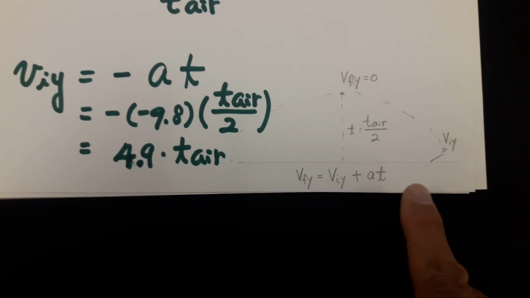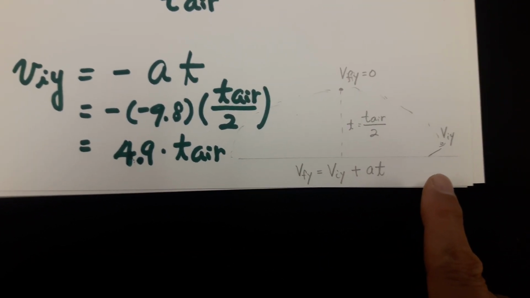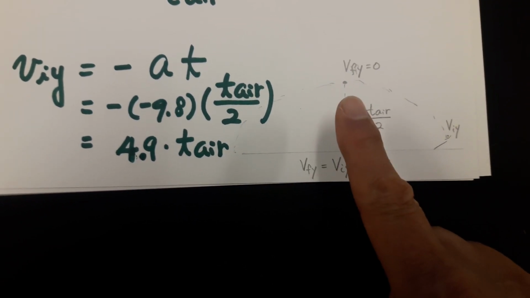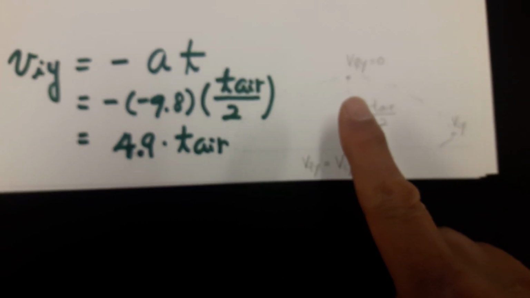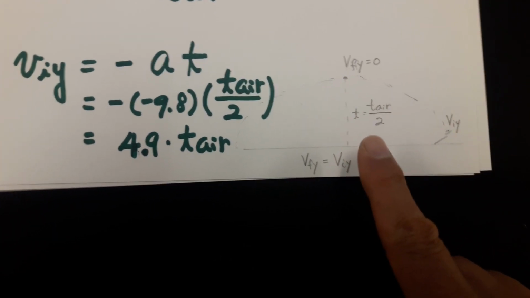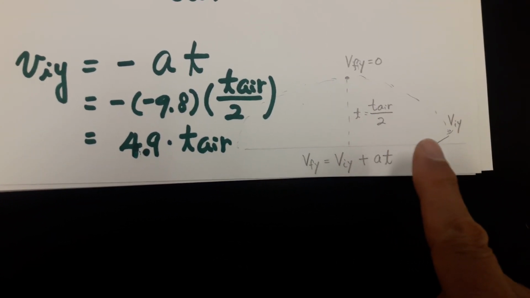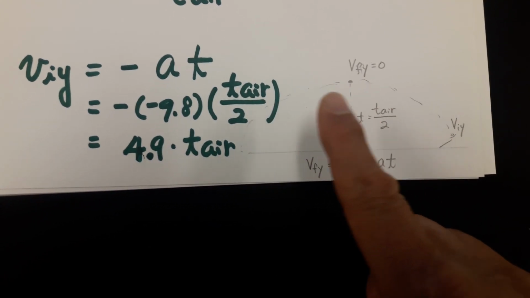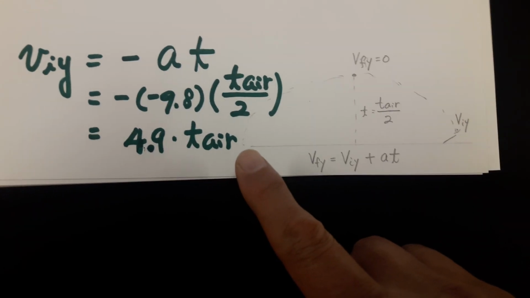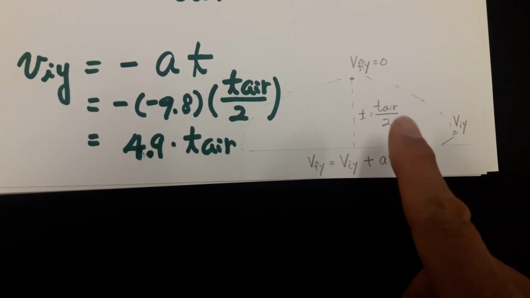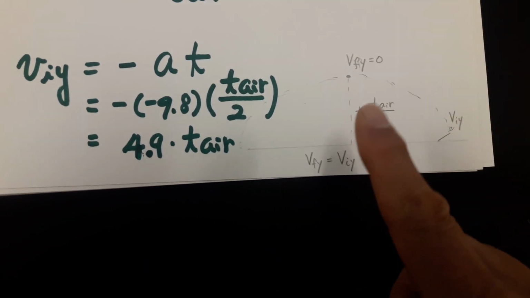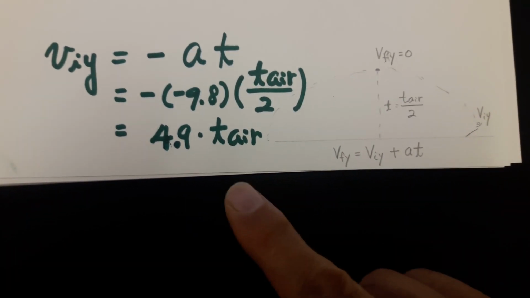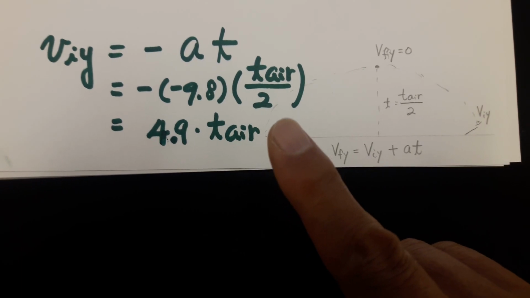By the way, the time it takes for the marble to get to the peak of the trajectory is actually half air time, because air time starts from here and goes and stops here. So actually the time it takes to the peak is half air time. So you have to use half air time.